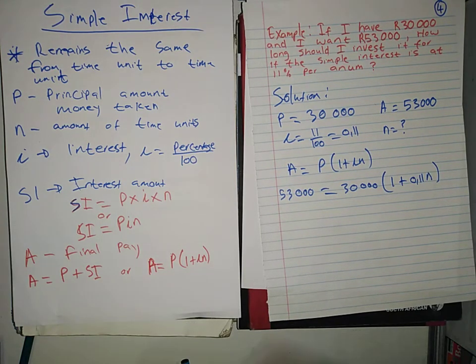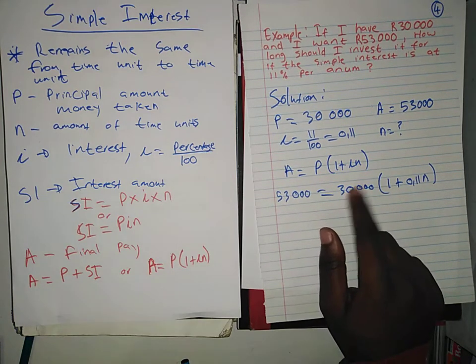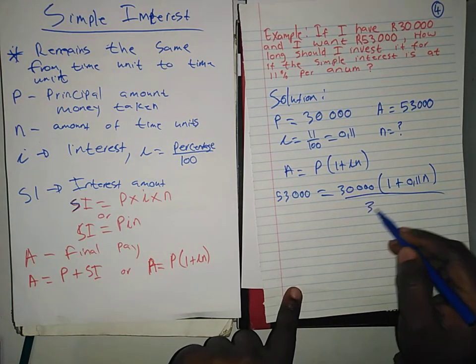All right. So this is what you're looking for, which is n. The first thing that you must do is to remove this. How to remove this? You divide by 30,000 on both sides.